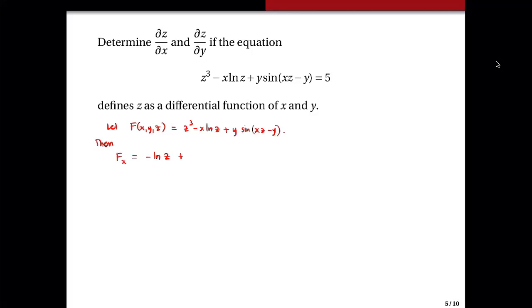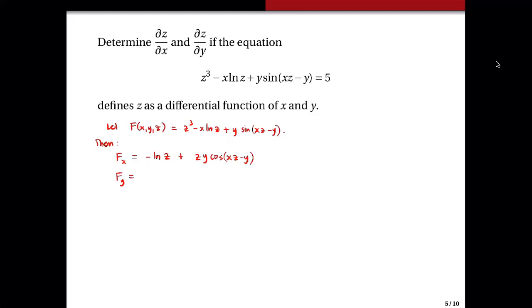So you will have here y, derivative of sine, that's cosine of xz minus y, and then derivative of xz with respect to x, that's z. So zy or yz. So this is your f sub x.